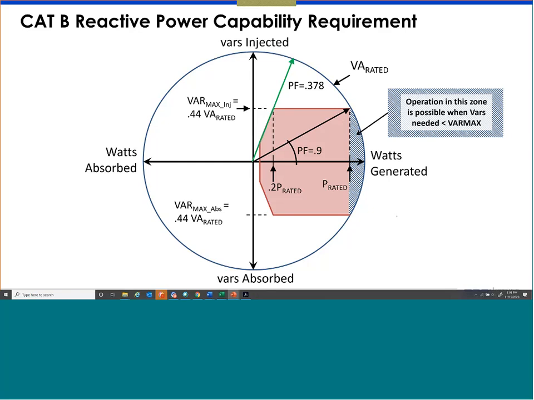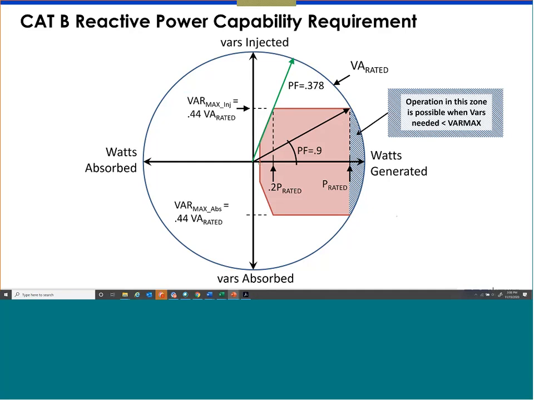Then what happens to the rest of the white area, which includes the entire left half, which represents power absorption from the grid, equivalent to charging the battery? Or between 0 and 5%, which is equivalent to nighttime. So what happens at nighttime, when there is no solar or solar generation is less than 5%?